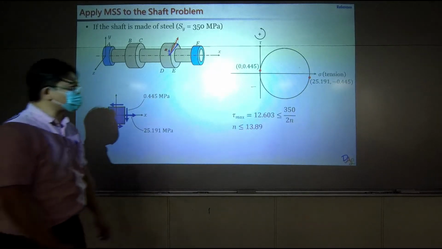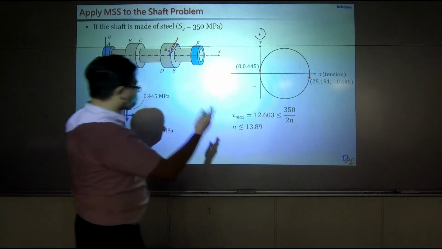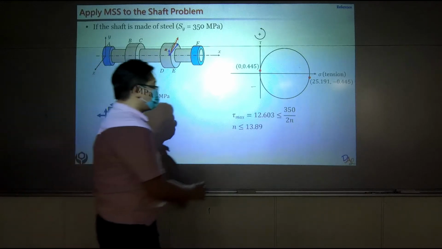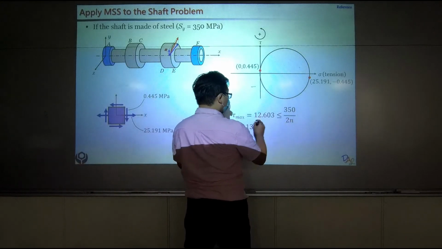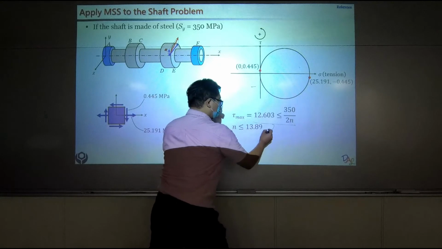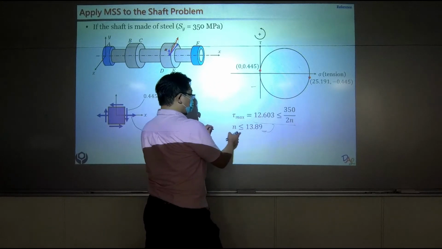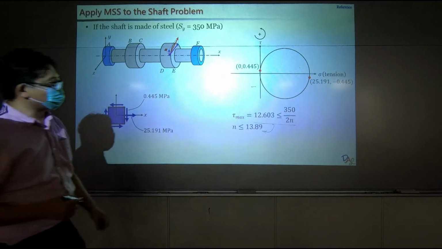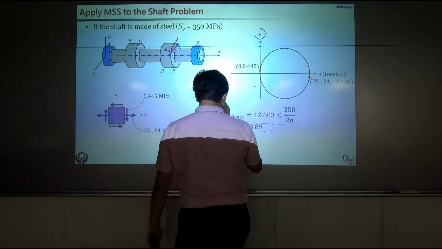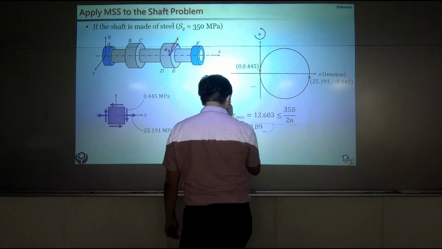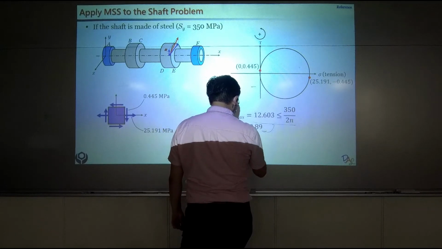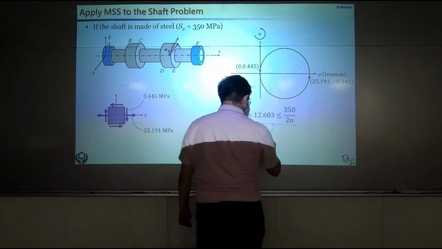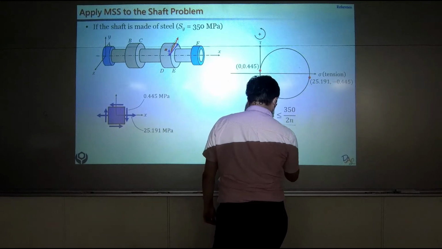In that case, under the load condition that I had earlier, at the end, we end up with an equation like this, and we realize n is smaller than 13.89. So what does that mean? That means this is the safety level this material has.